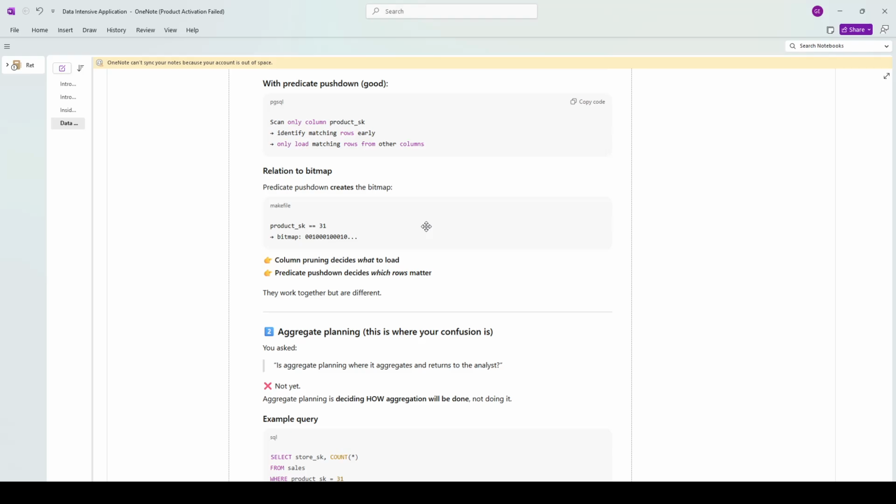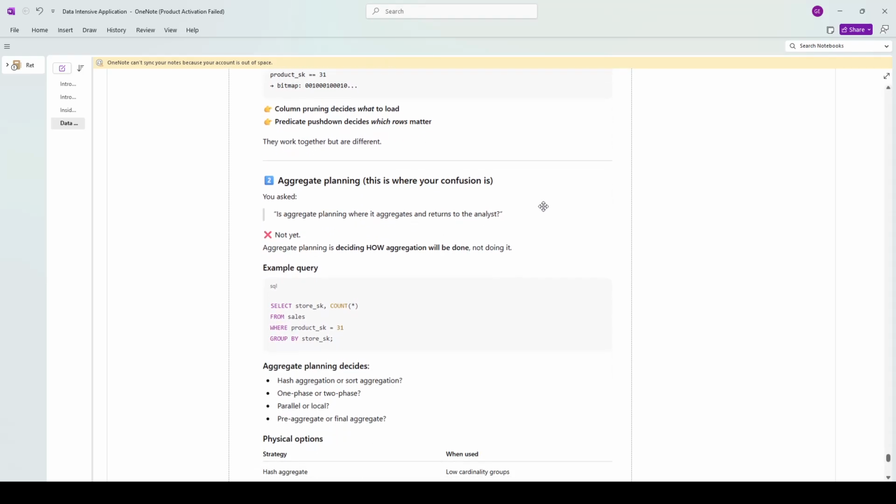Predicate pushdown is not actually about choosing what column. That's column pruning: you decide what column to load. A predicate pushdown decides which rows matter. They work together but are different.